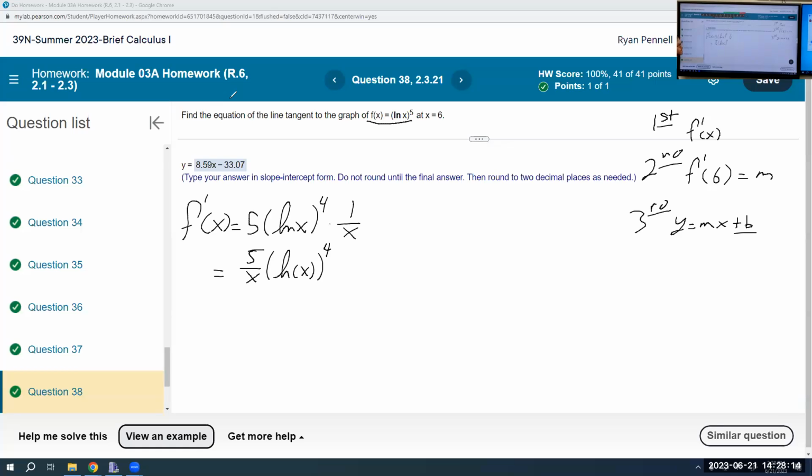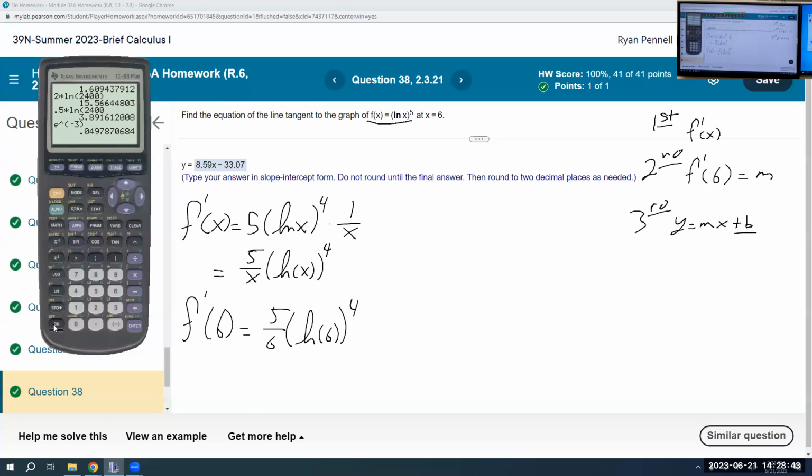Okay. They want it at x equals 6 in my problem. F prime of 6 is 5 over 6 times ln of 6 to the fourth. I'll need some help with that from my calculator. And it also says type your answer in slope intercept form. Do not round until the final answer, then round to 2 decimal points.